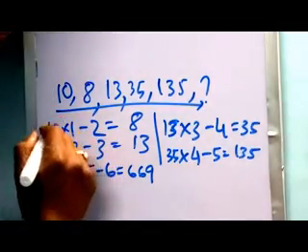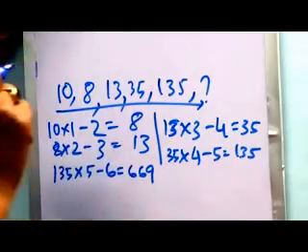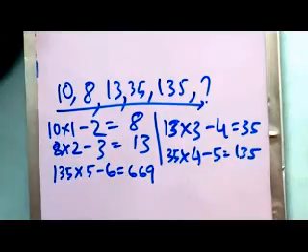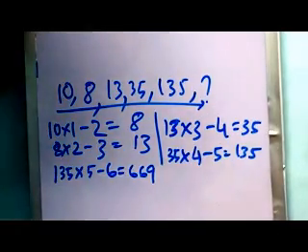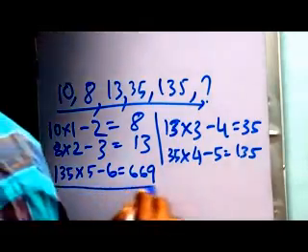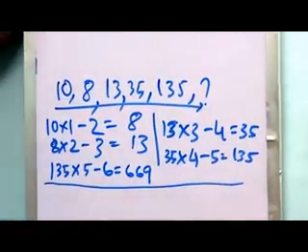What is this? That is 10 into 1 minus 2 equal to 8. Then 8 into 2 minus 3, into 3 minus 4, into 4 minus 5, into 5 minus 6, and so on. That is the logic hidden in this number pattern.